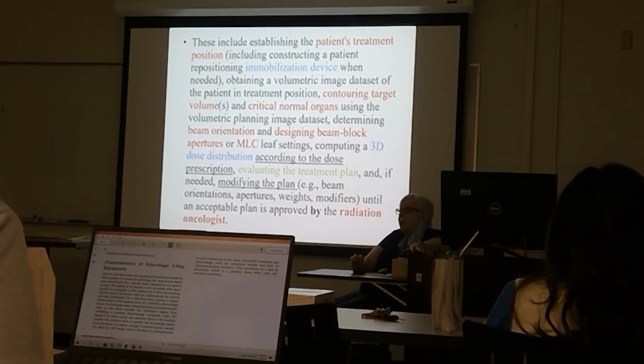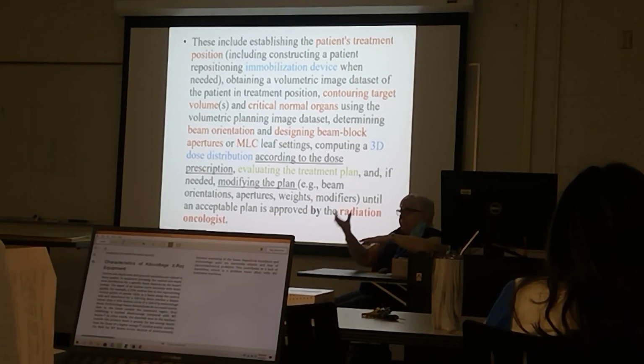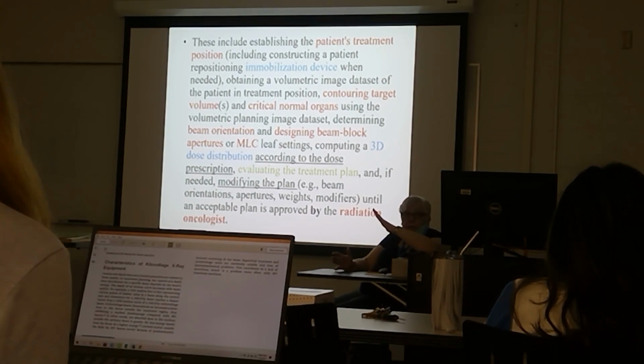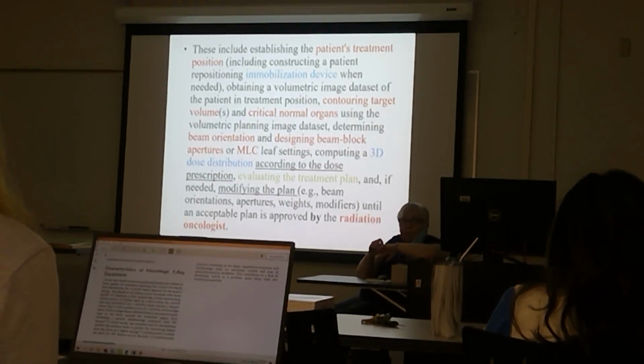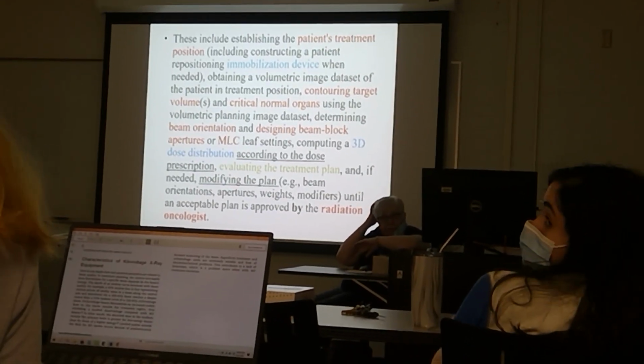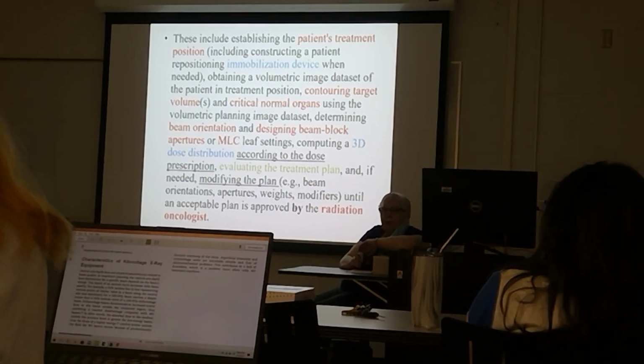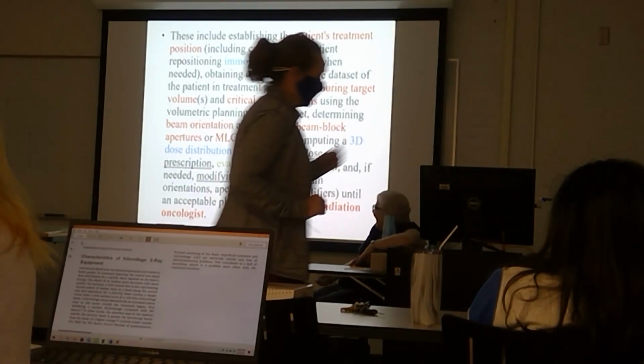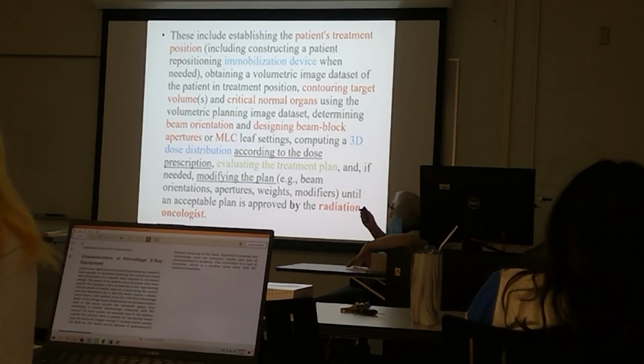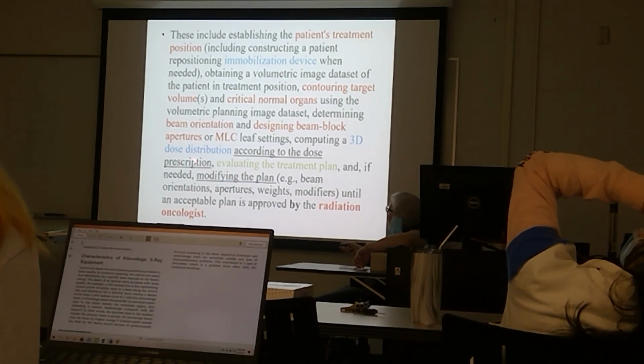They will do something like 2 obliques and 2 obliques. So they do a right anterior oblique, a left anterior oblique, a right posterior oblique, and a left posterior oblique. So that would be your beam orientation.